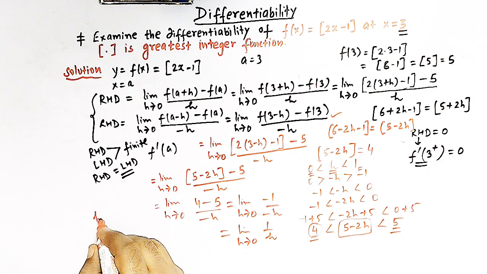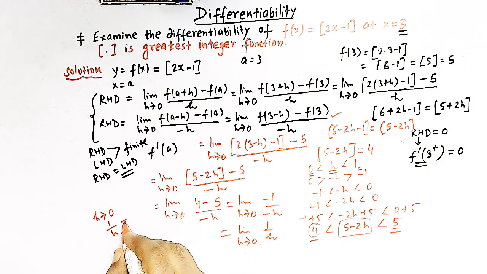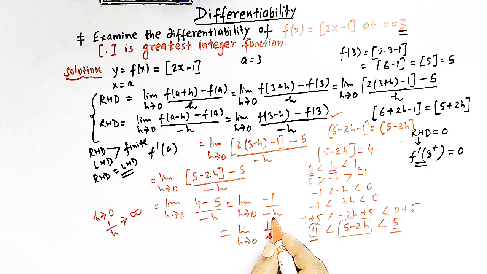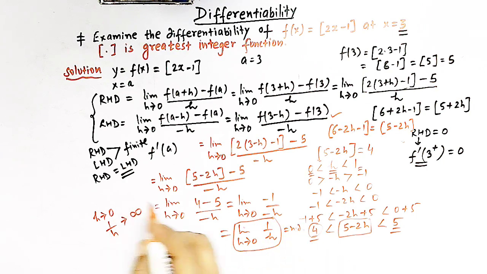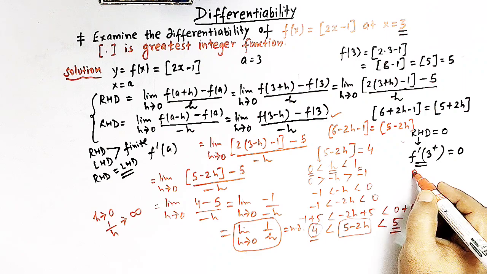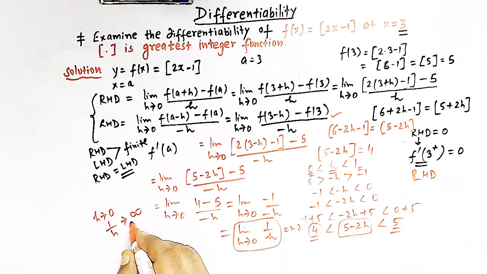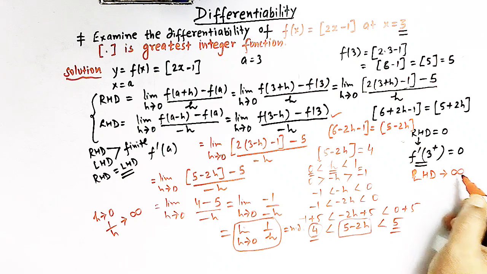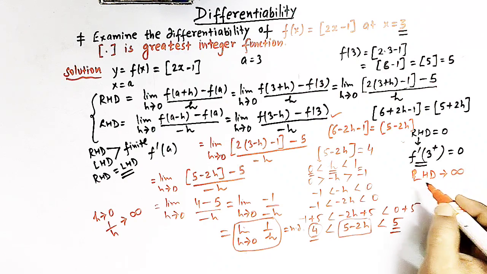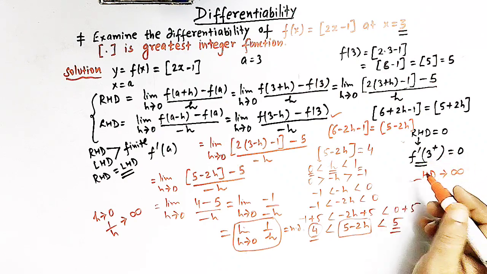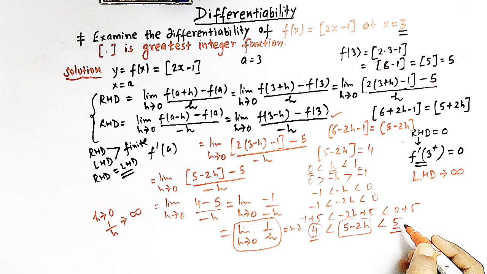Now when h tends to 0, then 1 over h tends to infinity. That is, this limit is not defined. So we can see that the left hand derivative does not exist, or it tends to infinity, or in other words, the left hand derivative is not finite, right?